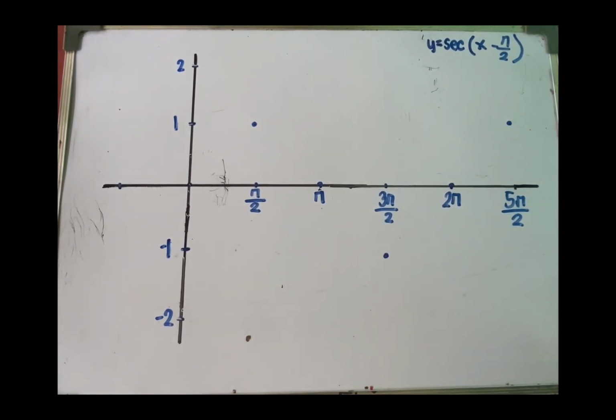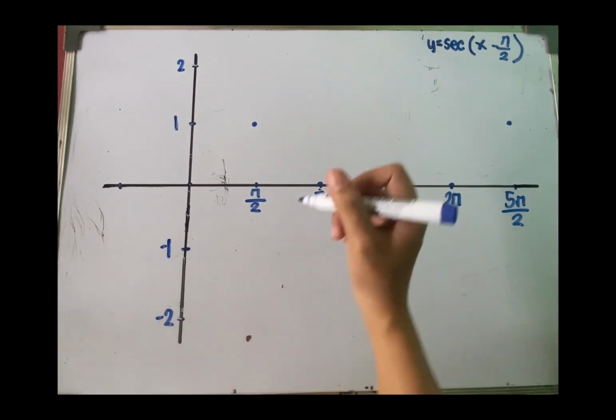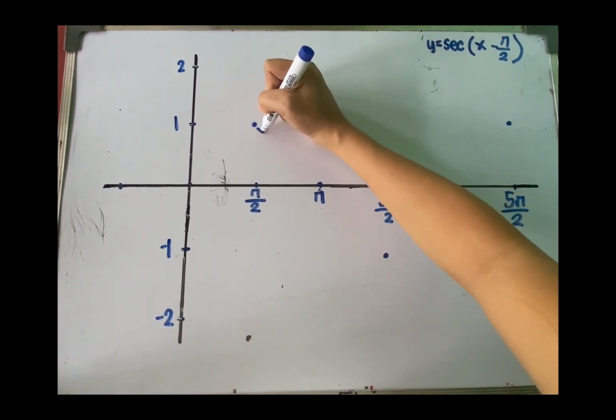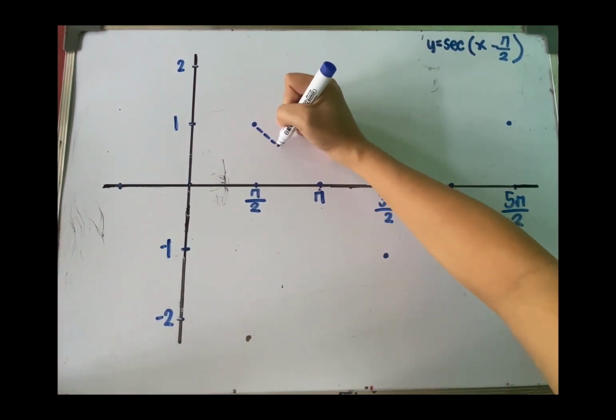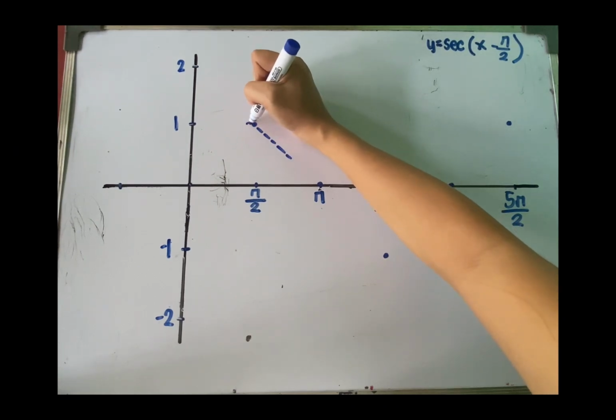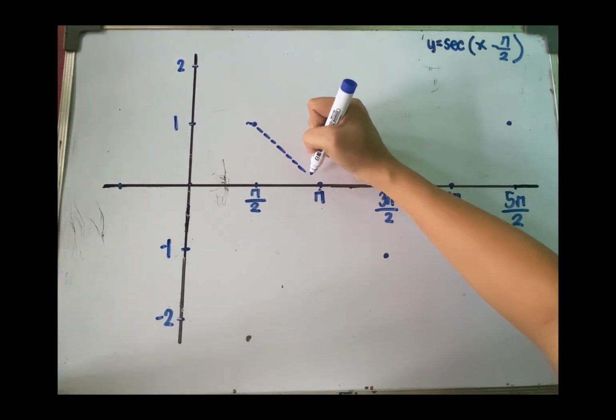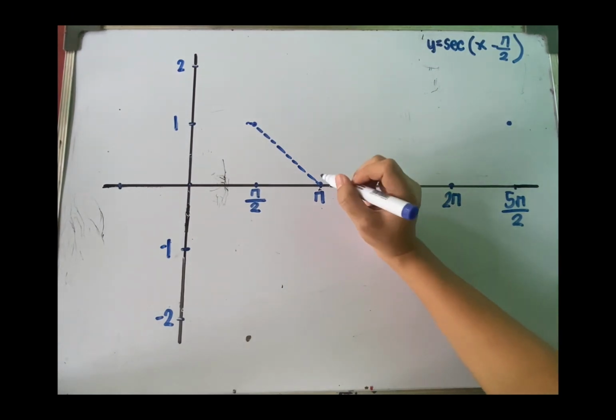So now we can graph it with broken lines. We carefully do it, since it will be the basis for doing the second graph.